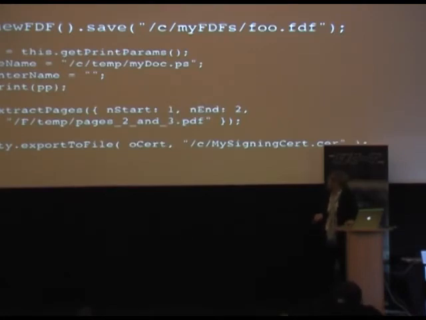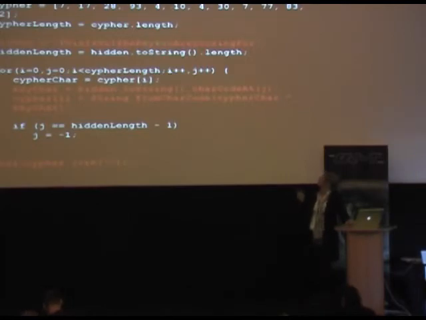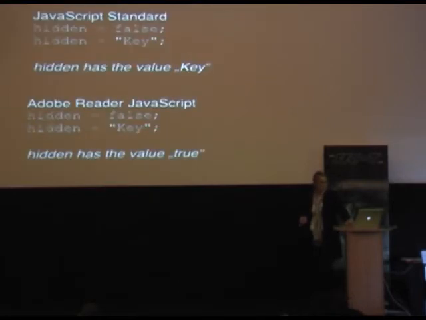Anyway, there are some other quirks with the JavaScript engine that's in Acrobat. It's slightly different from the one that's in most web browsers. I discovered this recently, or rather Sebastian Horst discovered it recently and pointed it out. But the type of a global variable in Acrobat never changes. So normally if you have a bit of code like this, where you start off with a variable as a Boolean and then you set it to a string in Firefox or whatever, you will essentially have that string value.